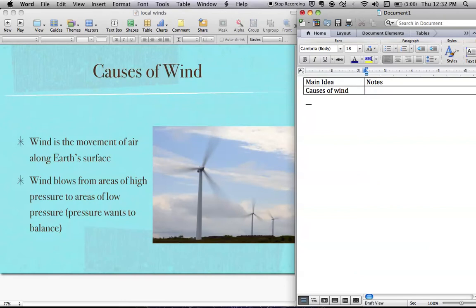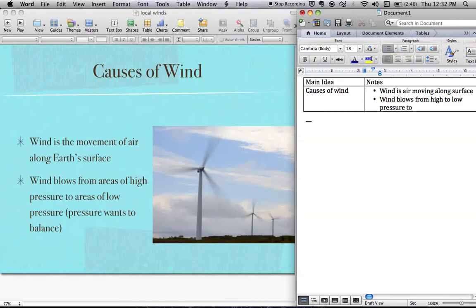So we can say for our notes that wind is air moving along the surface, and wind blows from high to low pressure to balance the pressure difference.